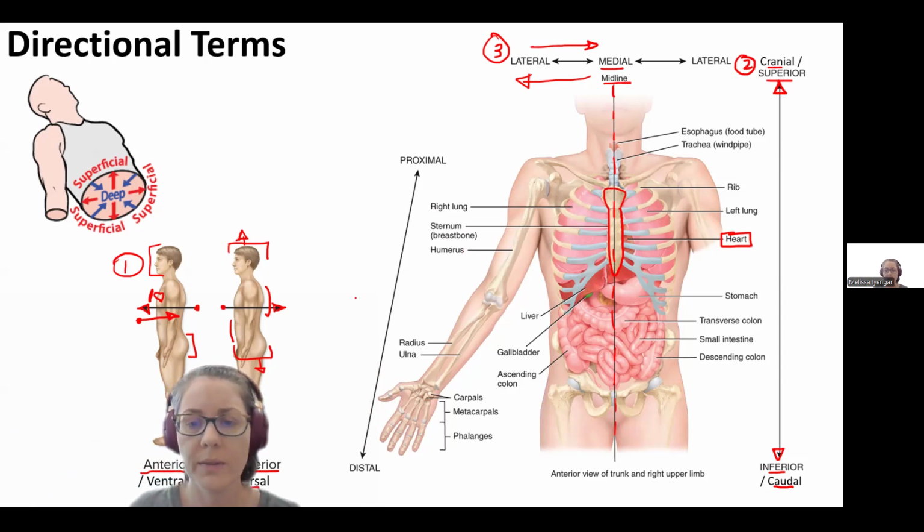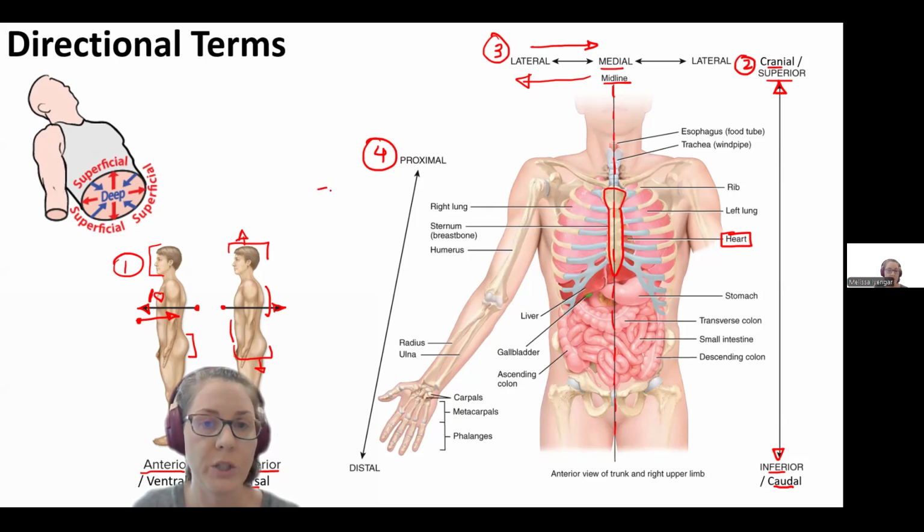So now a little bit of the harder ones. Okay, so then we're going to go to proximal and distal. And proximal and distal have eluded students for years. It's sometimes the more difficult ones until you explain it in more detail. So proximal means closer to an attachment point, and distal means farther away from an attachment point. So you should only use proximal and distal in a couple of situations.